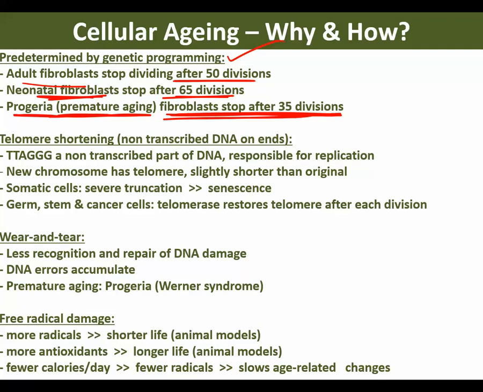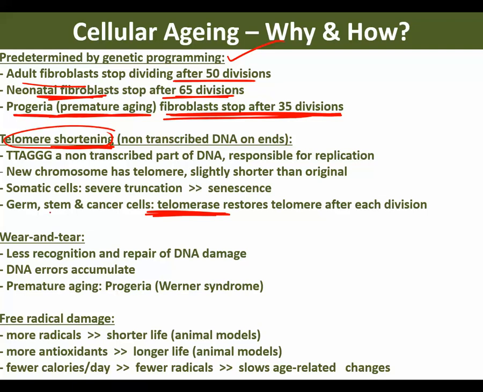Another most important thing is the telomere. In the normal cell, with each division the telomere becomes smaller. That is called telomere shortening. Once the telomere is completely finished, the division will stop. That is the concept of the telomere. In some cells, the telomere keeps on being restored because of the enzyme telomerase.